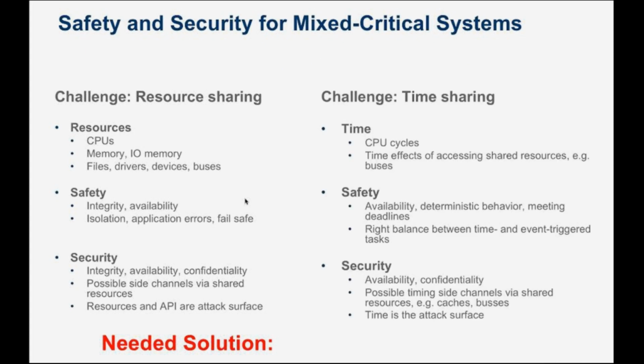The other big domain is time sharing. Again, we have multiple applications. Some might have their own core available. Some applications may be sharing cores. So an operating system needs to take care of supplying enough computation time for all the applications that are running on the system. So the solution is needed for the time partitioning as well.